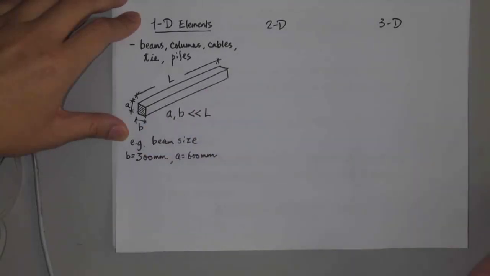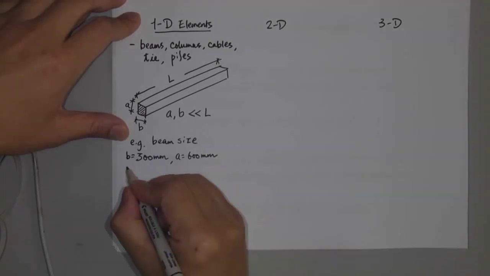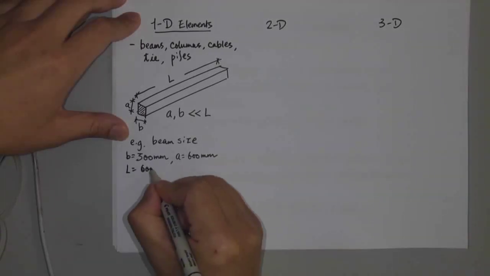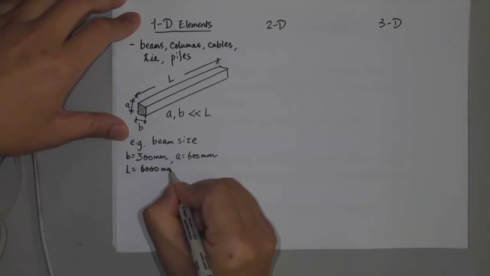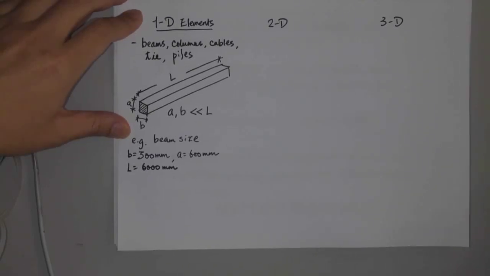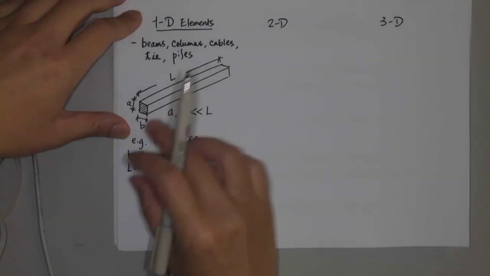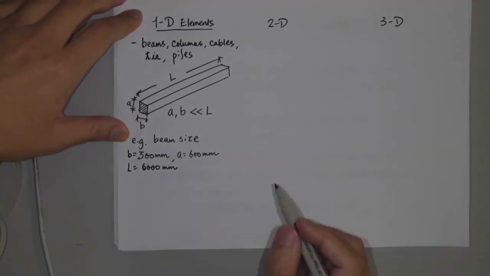And then what about the length? 5 meters, 6 meters. So L could be, let's say, 6 meters. So you can see it's at least 10 times. Okay, so that's what we mean by a one-dimensional element.